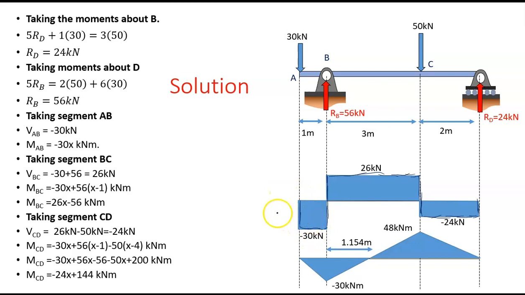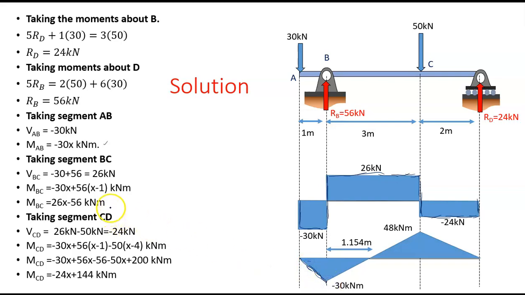The bending moment, from this point here, it is minus 30x. So at this point x is 0, and it grows. This distance here is 1 meter, so it's minus 30.